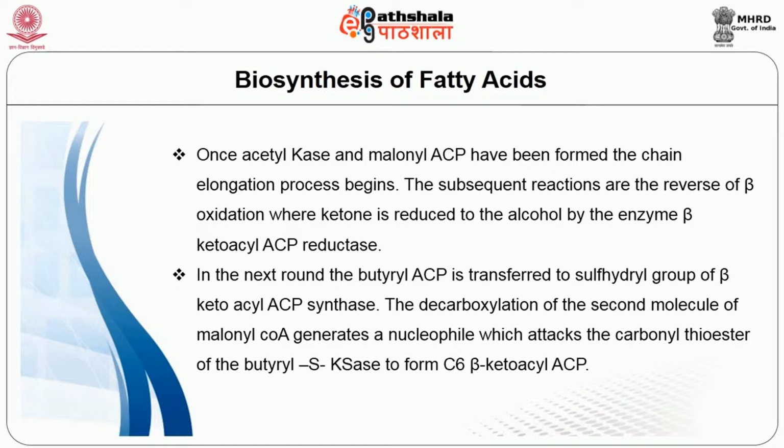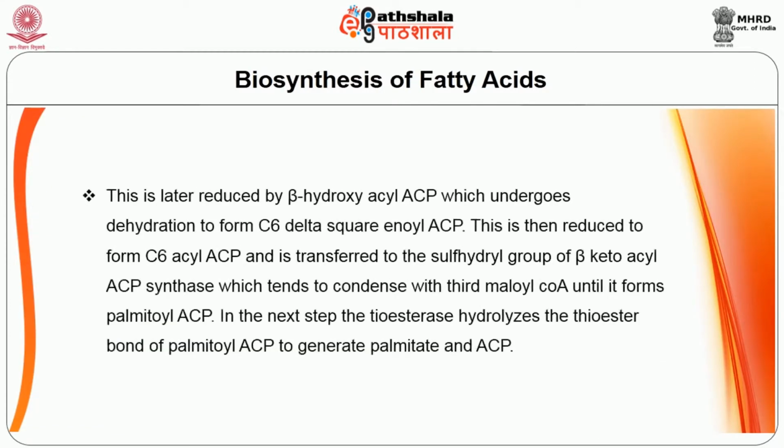The decarboxylation of the second molecule of malonyl-CoA generates a nucleophile which attacks the carbonyl thioester of the butyryl S-synthase to form C6-beta-ketoacyl ACP. This is later reduced by beta-hydroxyacyl ACP, which undergoes dehydration to form C6-delta-square enoyl ACP.